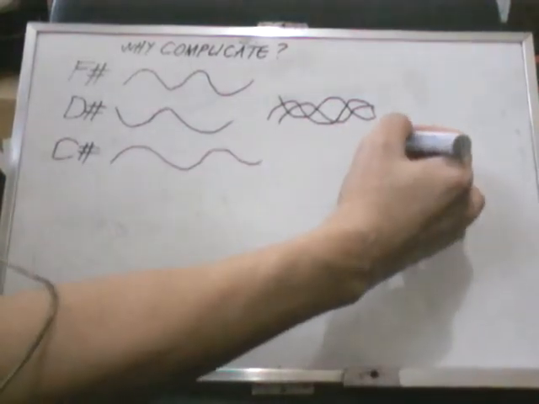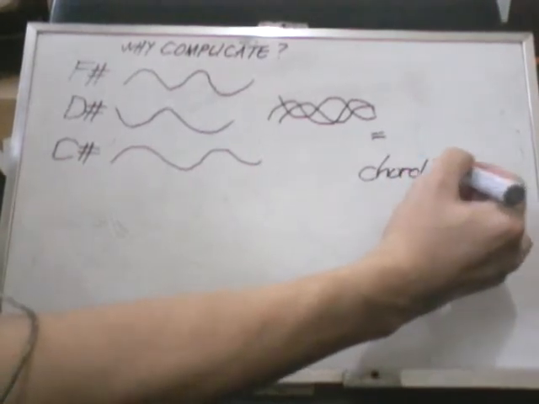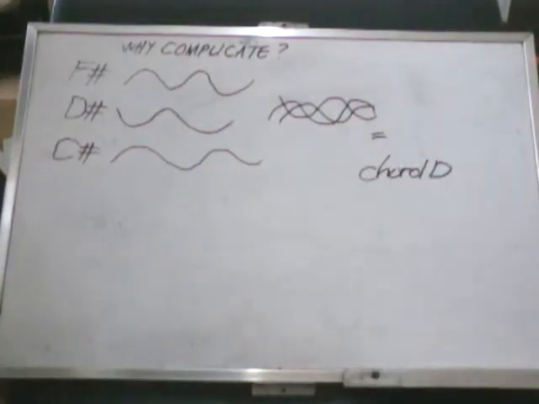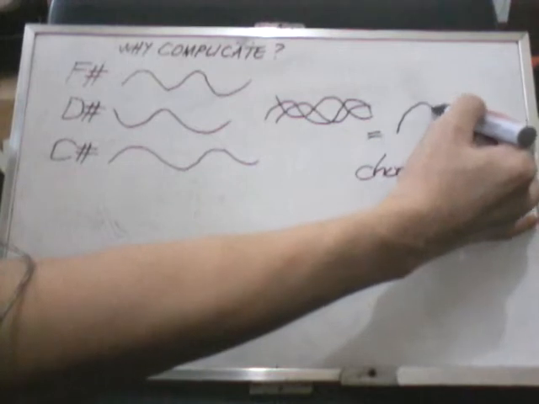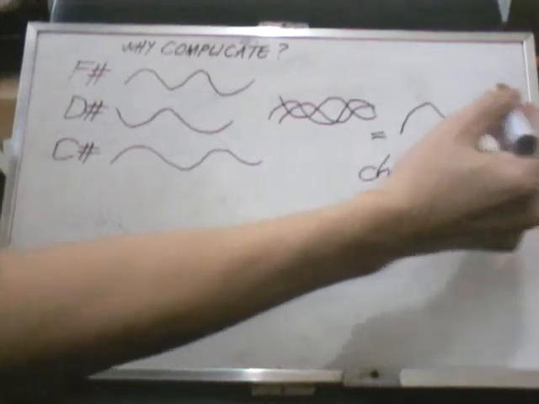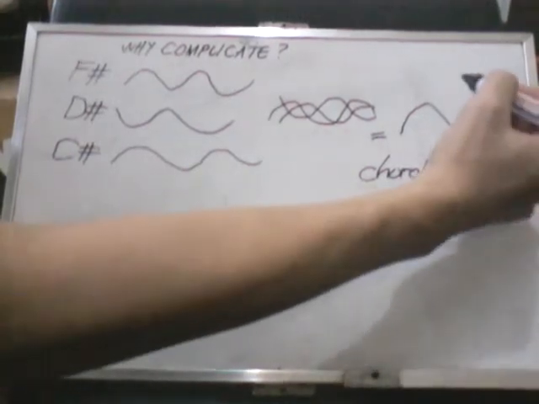Now this results into the chord called D, the resultant wave being one single wave. 3 different notes resulting into one note, which is chord D.